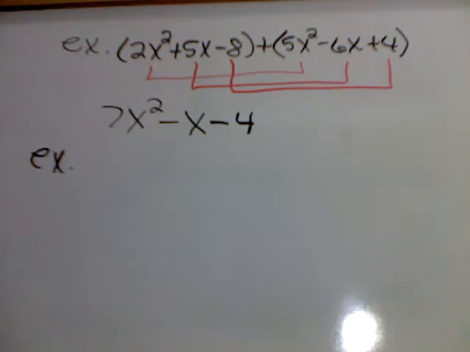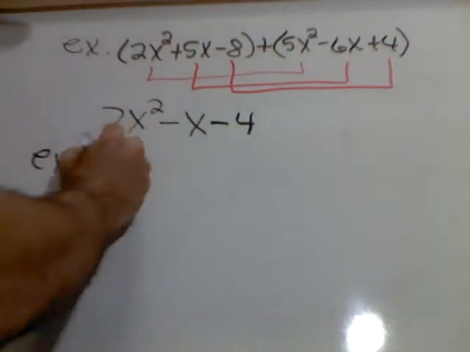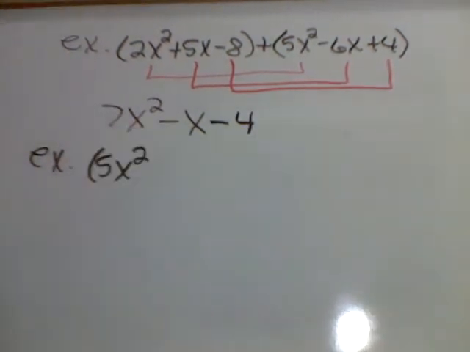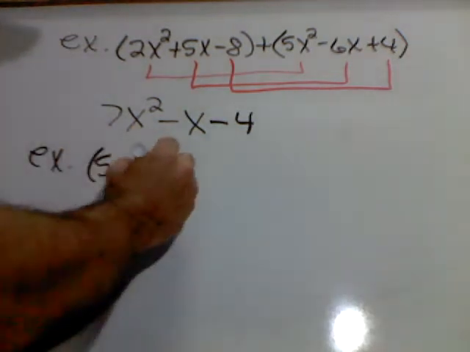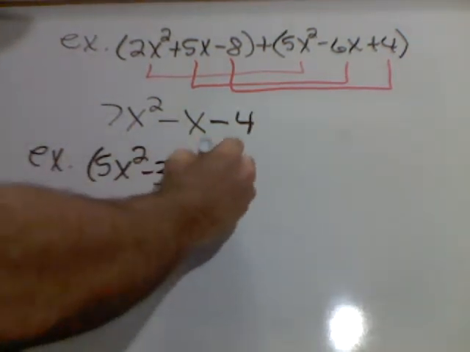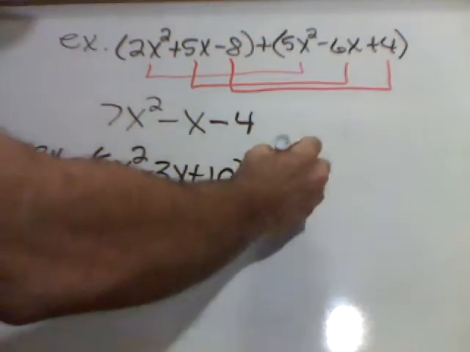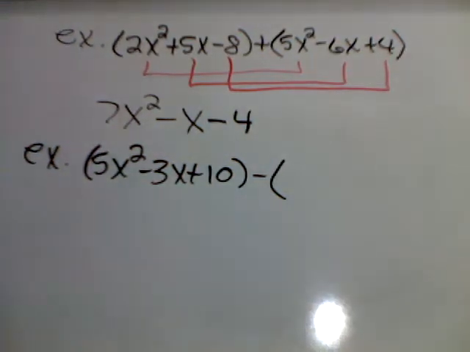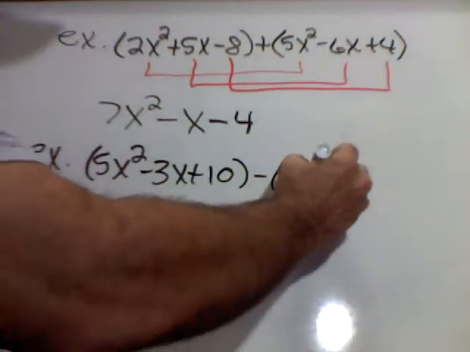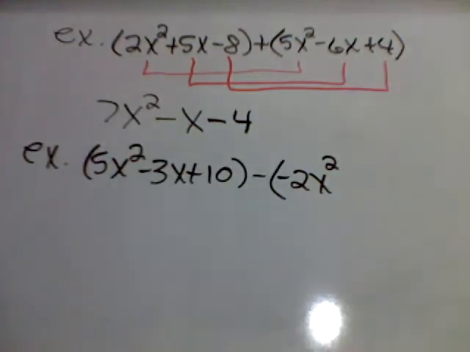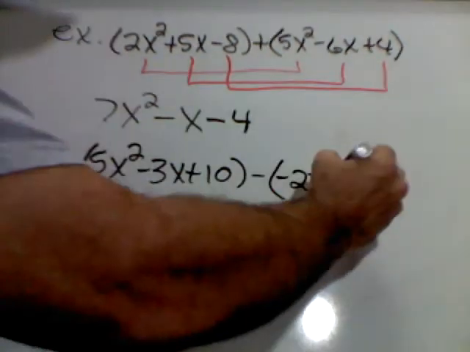Next example, subtraction. 5x squared minus 3x plus 10. I'm going to subtract negative 2x squared minus 4x plus 8.